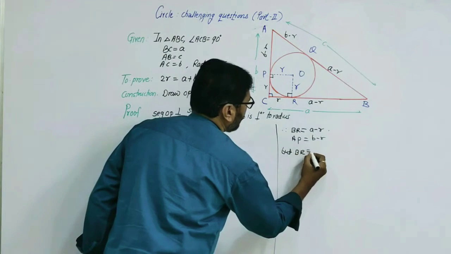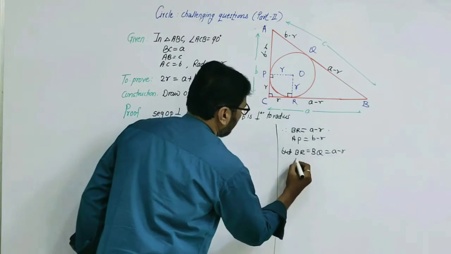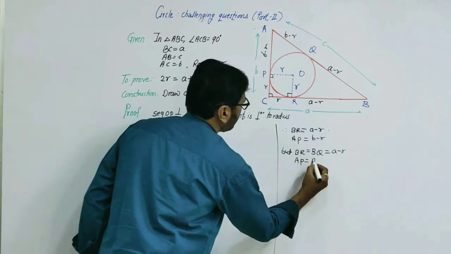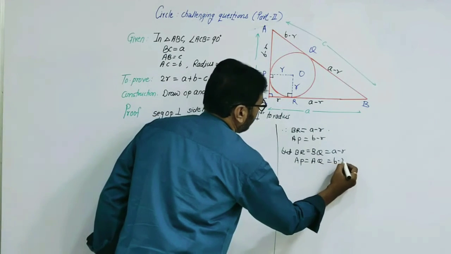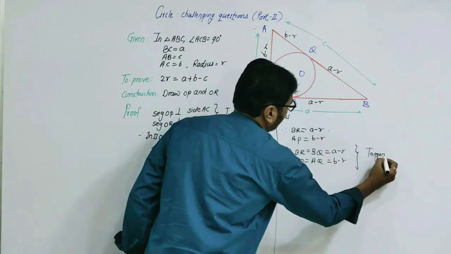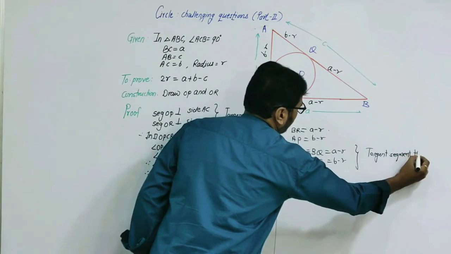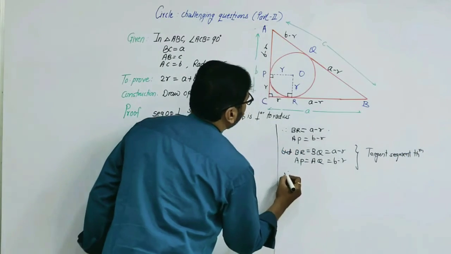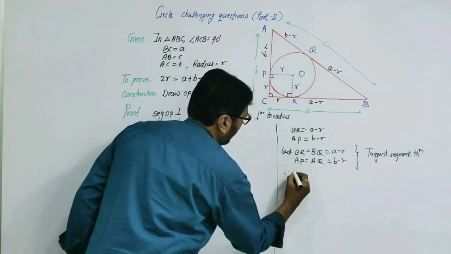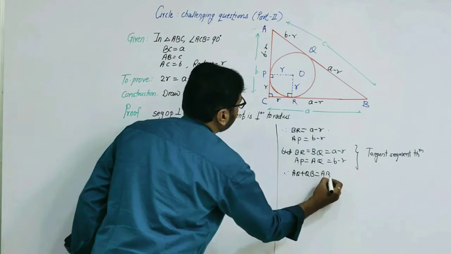BR is equal to BQ is equal to a minus R, and AP is equal to AQ is equal to b minus R. Tangent segment theorem. So, you know, AQ plus QB is equal to AB.